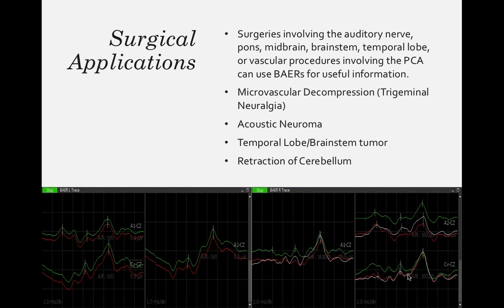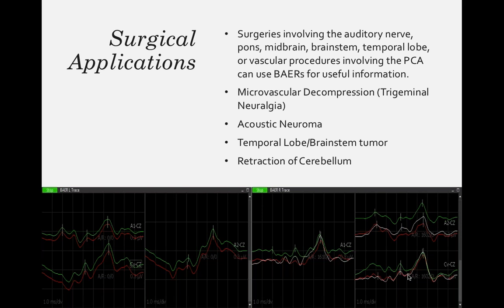A microvascular decompression procedure, shorthand known as an MVD. Also an acoustic neuroma, which would be a tumor on the actual auditory nerve. We would use ABRs, BAERs for that.